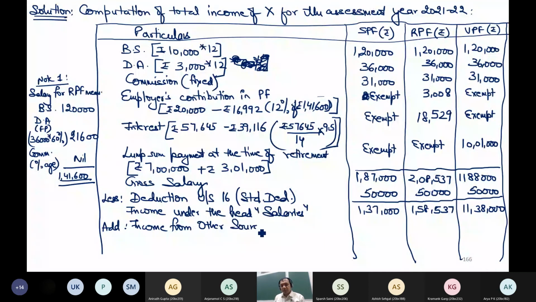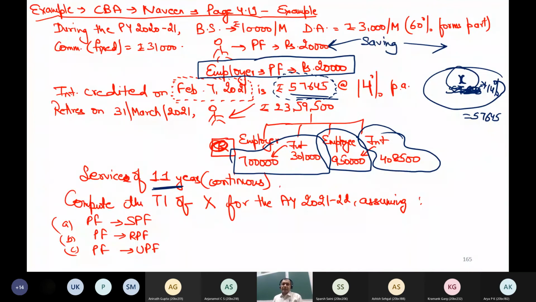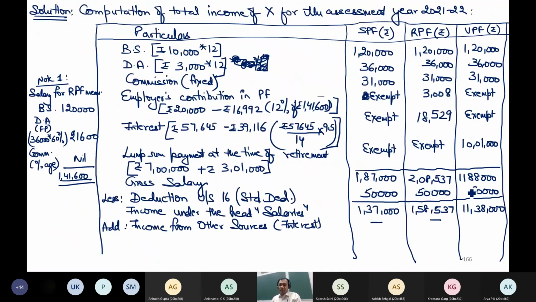How much? In case of SPF, there is no interest income. In case of RPF, there is no interest income. But in case of UPF, interest on employees' contribution, 4,08,500, is interest income.